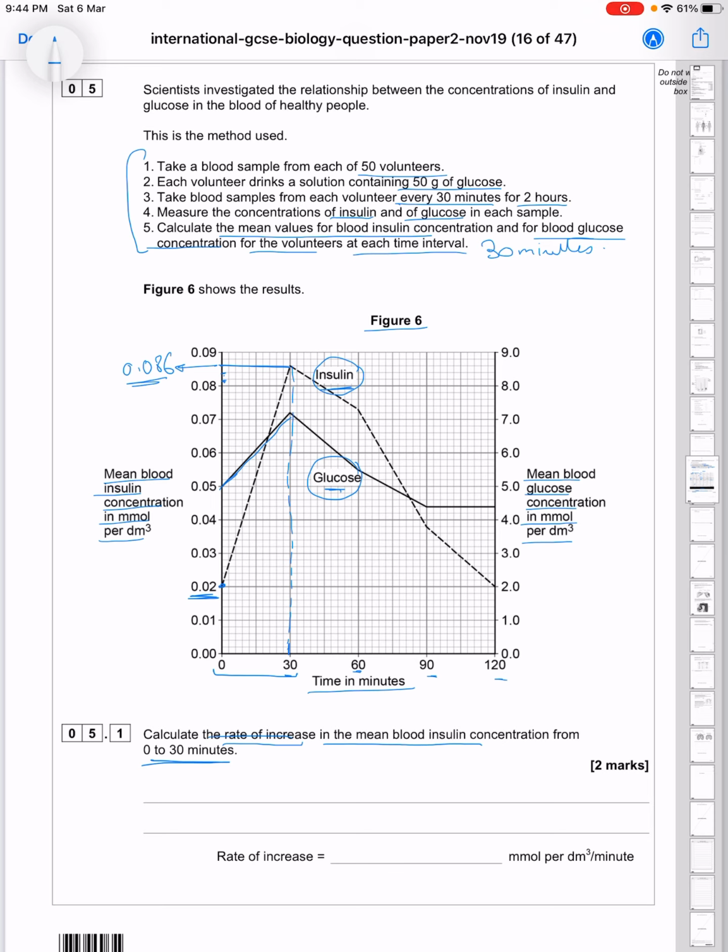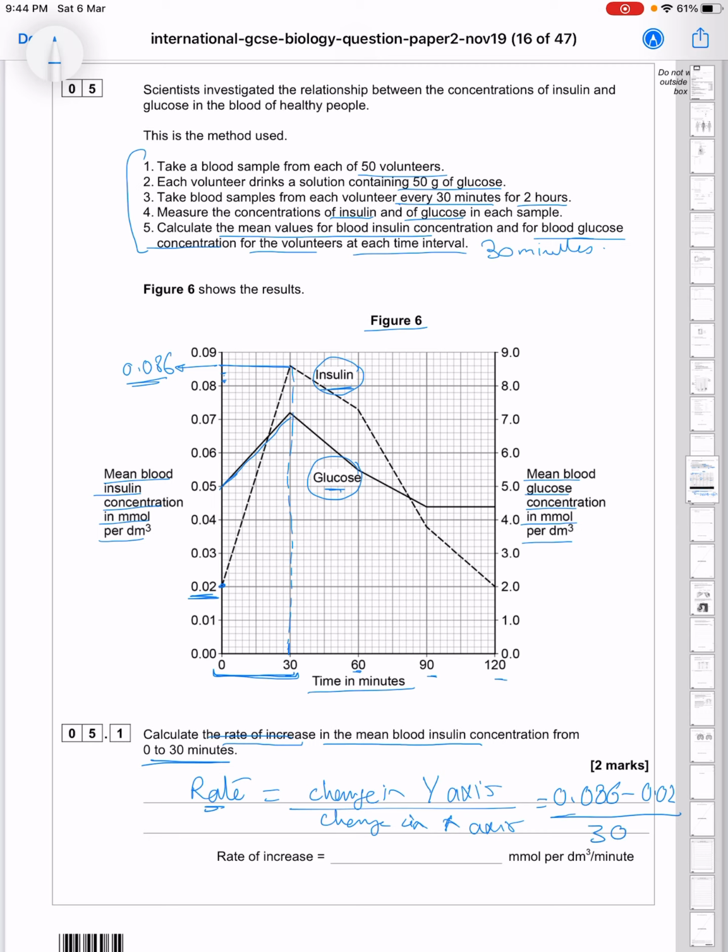Now with that being said, I would write for the rate of increase: the rate is always the change in the y-axis over the change in the x-axis. So that's going to be on the y-axis 0.086, as I mentioned, minus 0.02, divided by the difference on the x-axis, which is obviously 30 minutes.